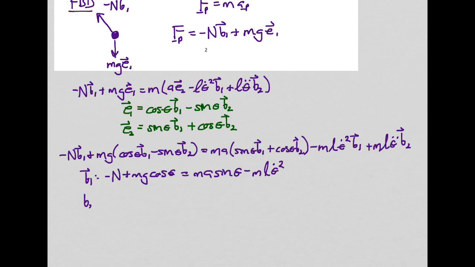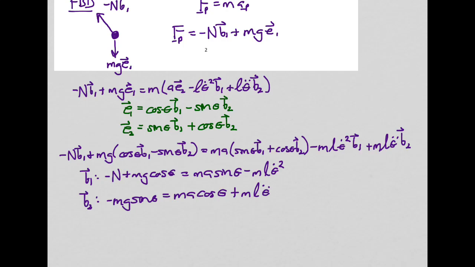And in the B2 direction, our coefficients are minus mg sine theta equal to ma cosine theta plus ml theta double dot.